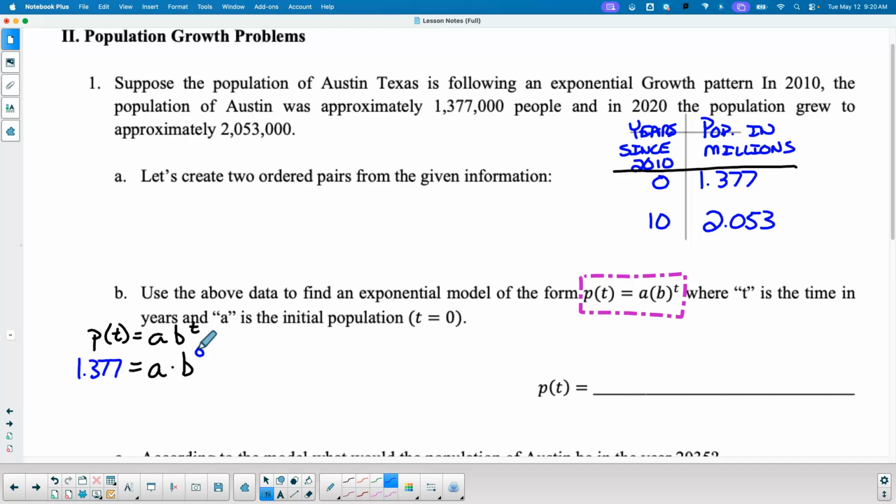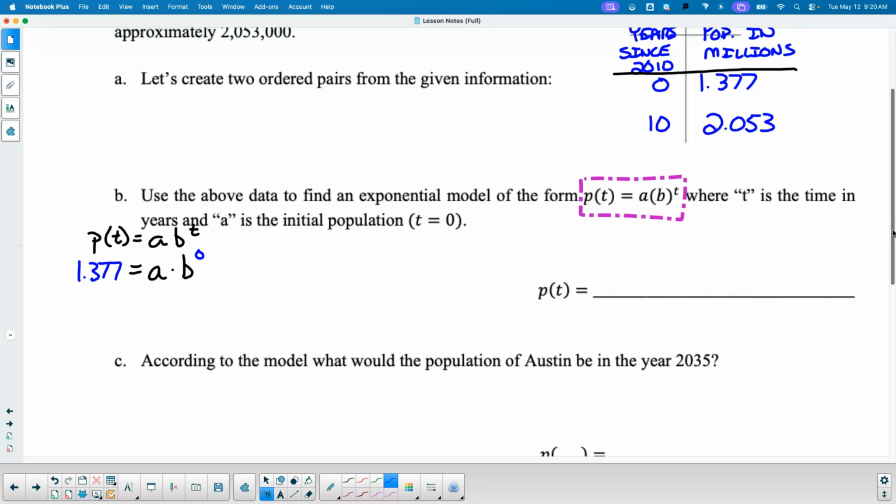B to the 0 power is 1. So this is really just 1.377 is equal to a. And now I found my a value.